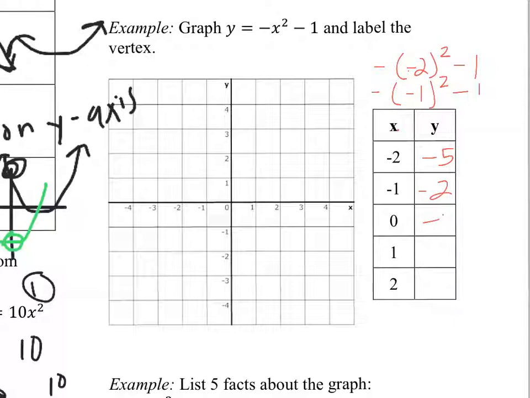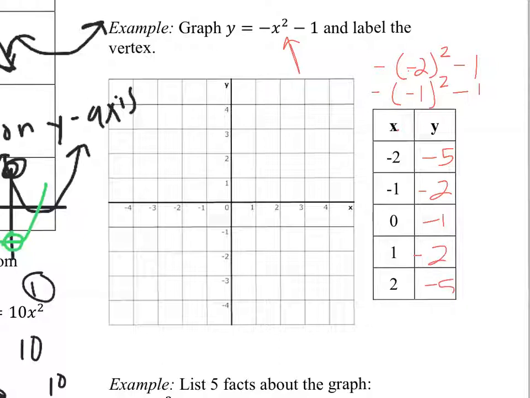Now because this has no x value, the b is equal to 0, it's actually centered on the y-axis. So I can use symmetry right now to fill in my table. So that means that if this is the y-intercept, this should be -2 and this should be -5 for it to be symmetrical.